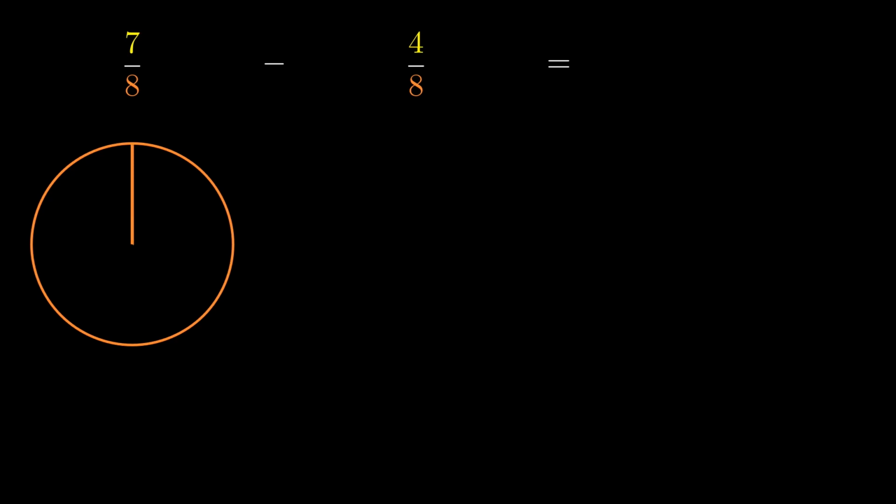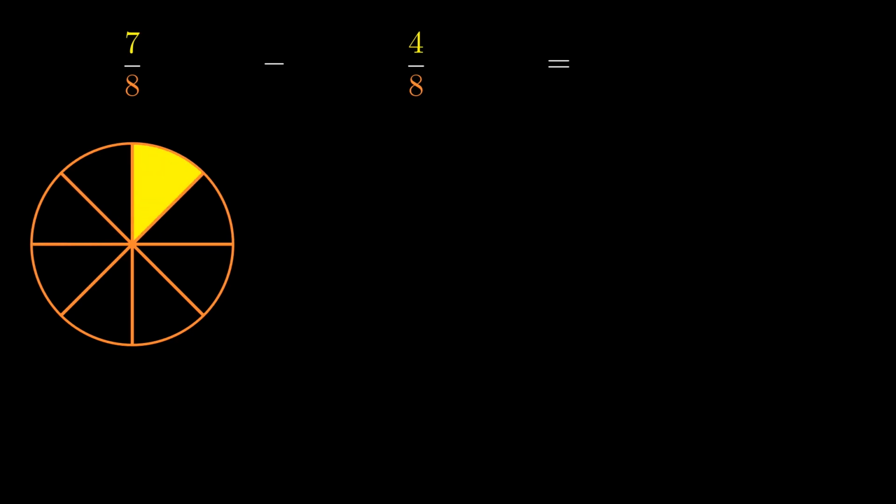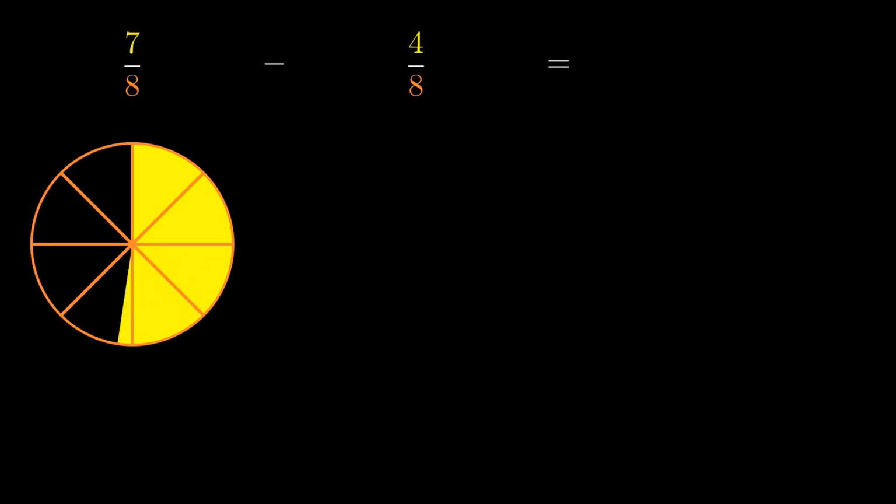Now for another example. 7 over 8 minus 4 over 8. So again, let's draw another pizza, split it into 8 equal pieces or slices, and shade 7 of them, as shown.